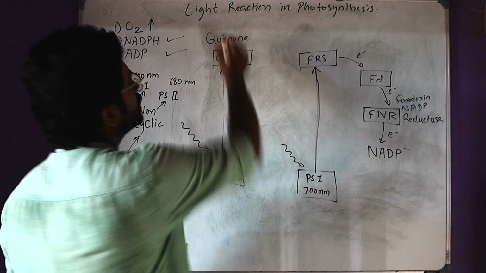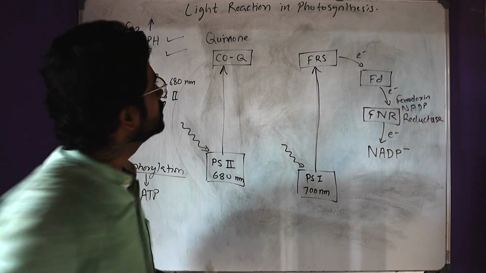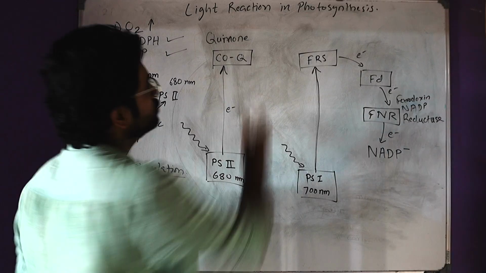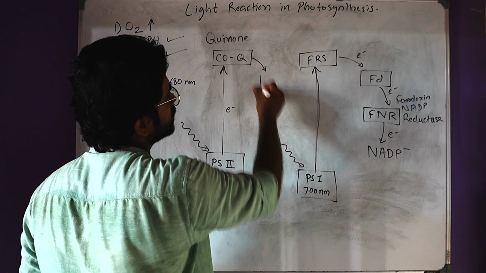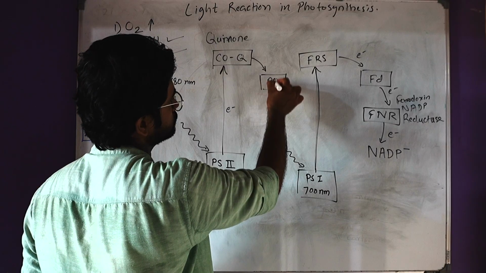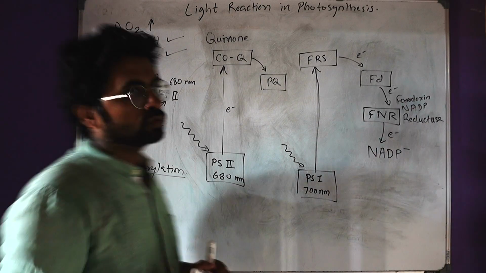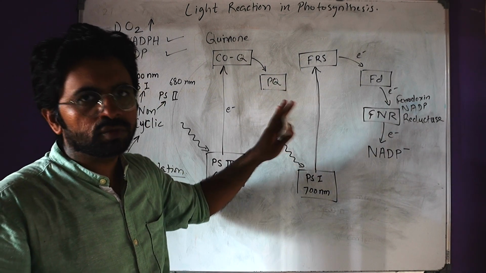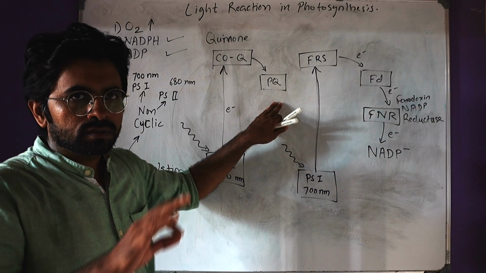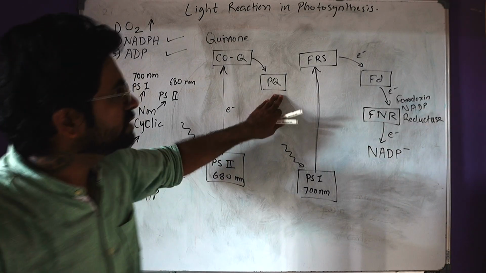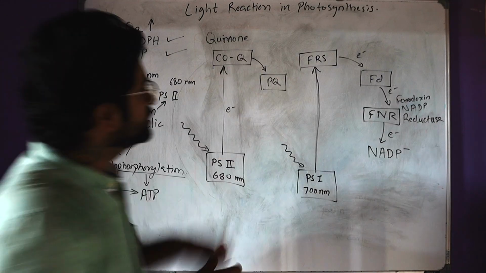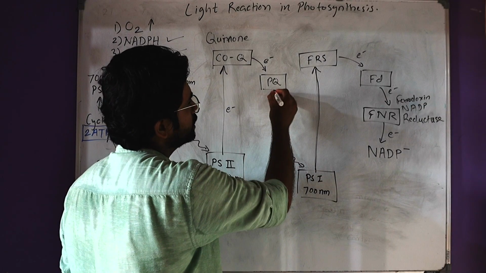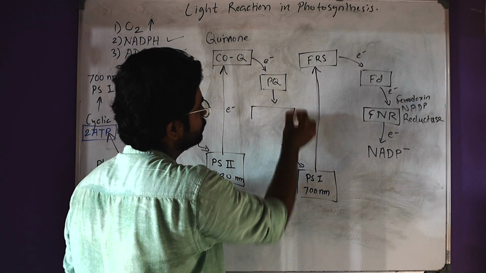So the electron goes to coenzyme Q, then it goes to plastoquinone. If you go into the details, you will realize that there is plastoquinone A and plastoquinone B, but at NCERT level plastoquinone A and B is not mentioned, so I will just tell you about plastoquinone. It will receive the electron from coenzyme quinone. Then it will give the electron to cytochrome B6F.